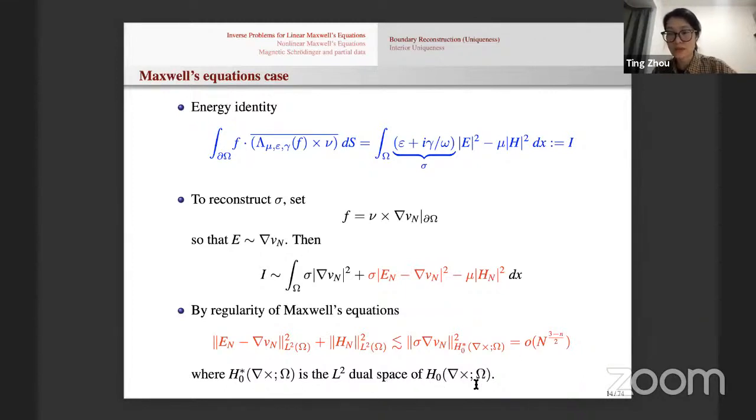That is a natural space for the solution for Maxwell's equations. So there are some technical details in this proof that you need to handle, using the structure of Maxwell's equations. So it's not a completely trivial extension of the previous results. Okay, but here is just to show you a general idea of the case for Maxwell's equations.